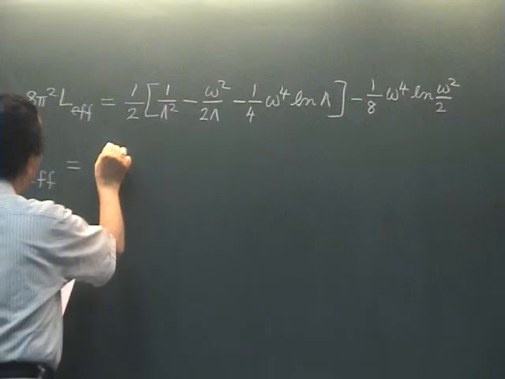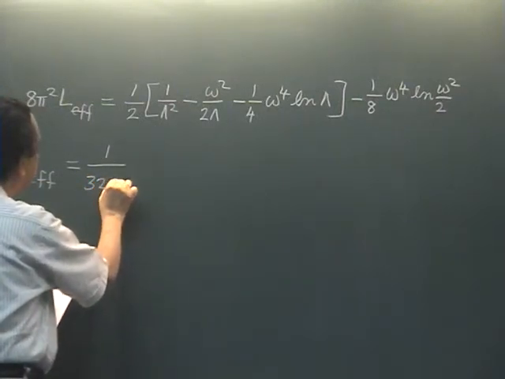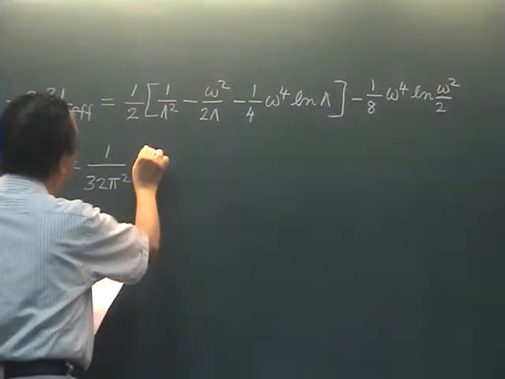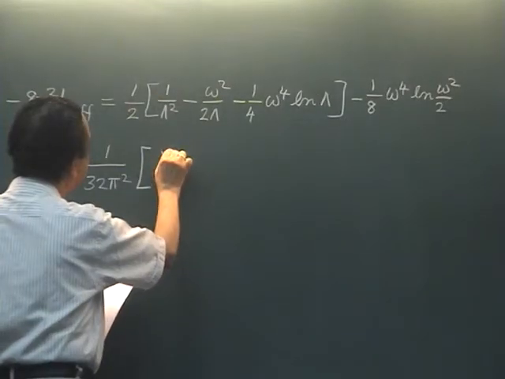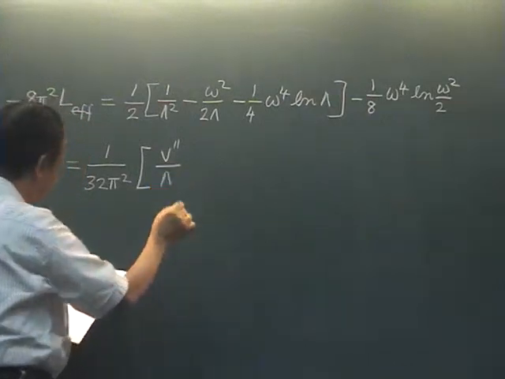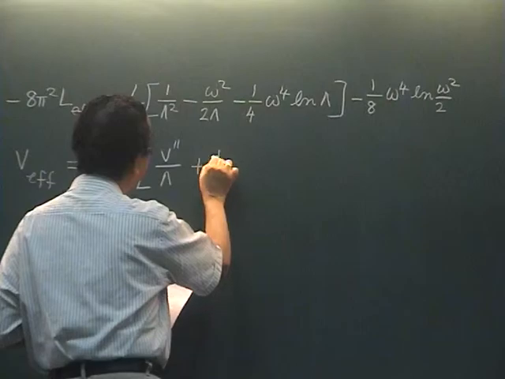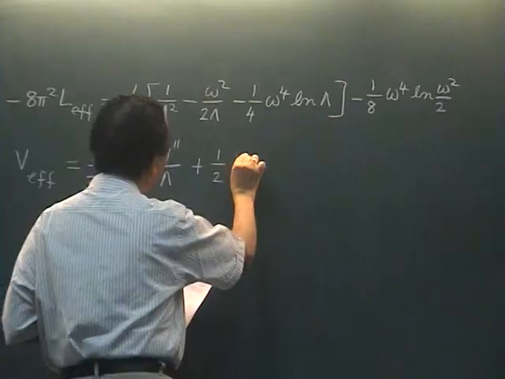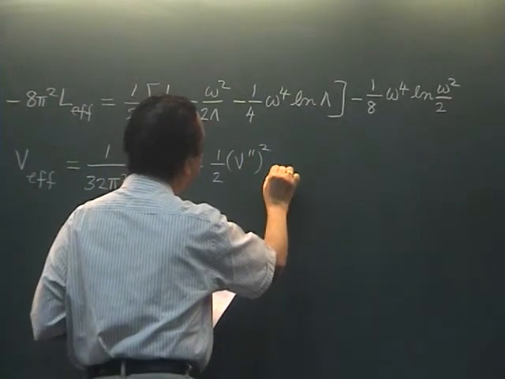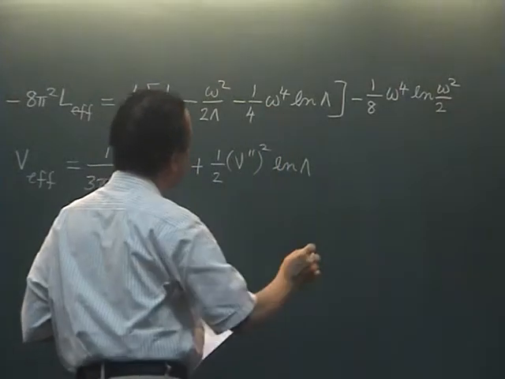That will be 1 over 32 pi squared V double prime by lambda. I have used the fact that omega squared is equal to V double prime, plus half V double prime squared log lambda. This is from this term.